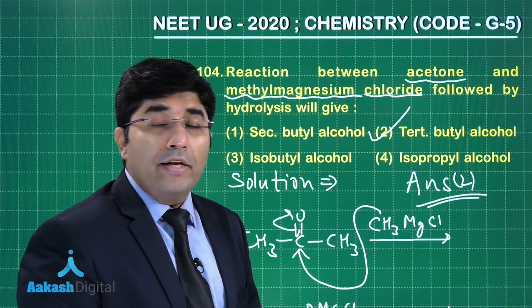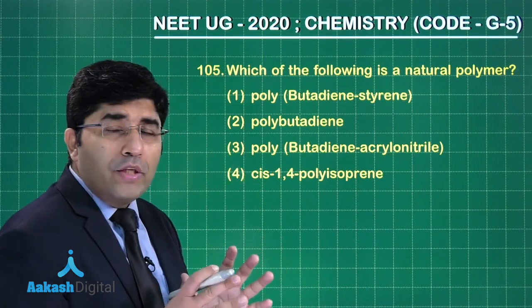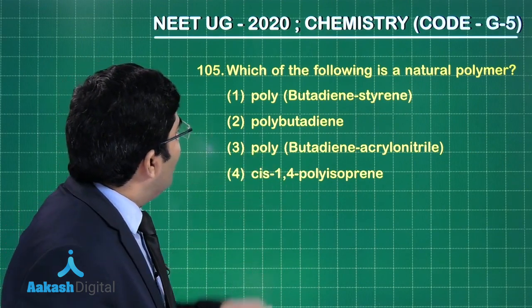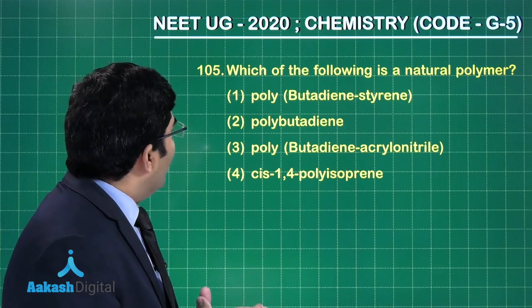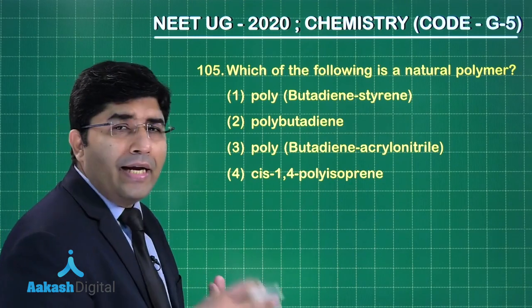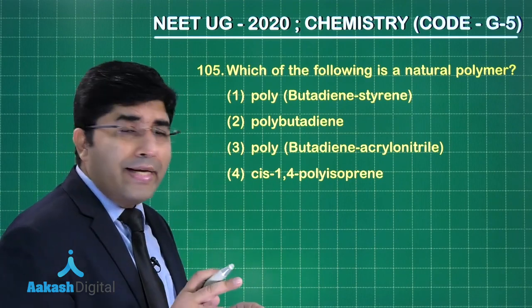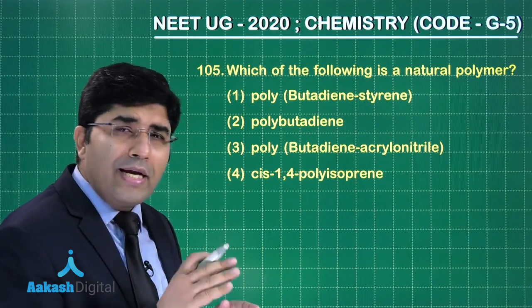Let's solve the next question. Now the next question belongs to the chapter polymers. This question is asking which of the following is the natural polymer. The first one is polybutadiene styrene, that is synthetic. Polybutadiene, that is also synthetic. Polybutadiene acrylonitrile, that is also synthetic.